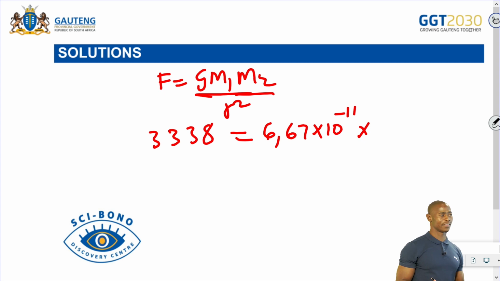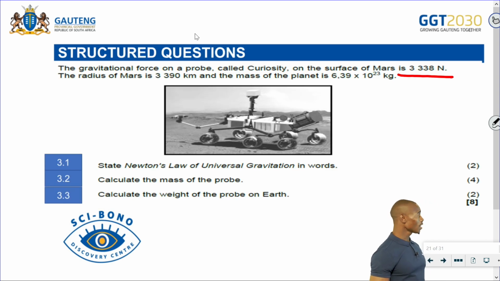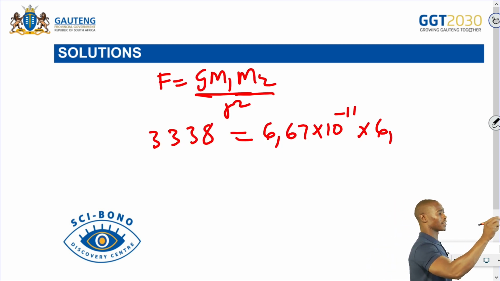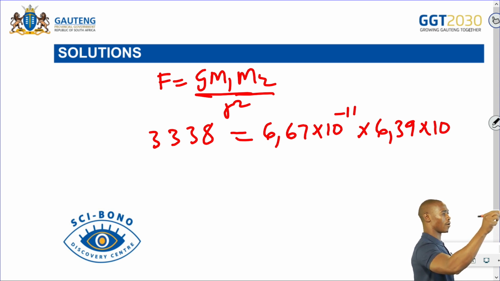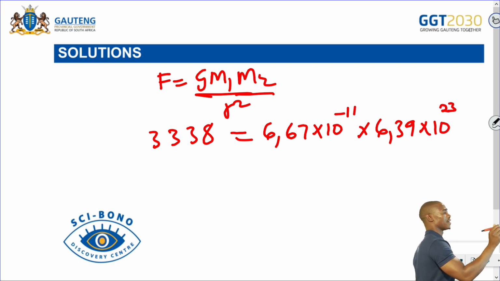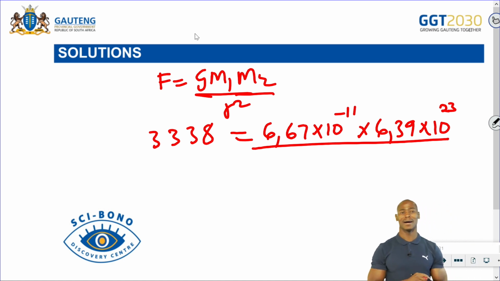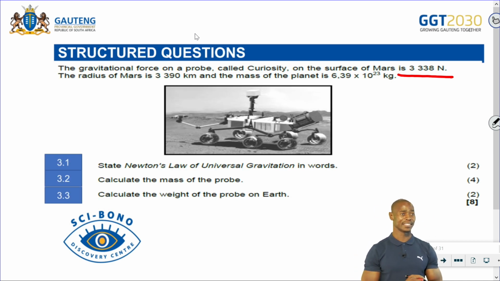Then the mass of the probe is what we are looking for, and we are given the mass of the planet, which is 6.39 times 10 to the power 23. Then r, remember, is the distance between their centers. So the distance between their centers, let's check.